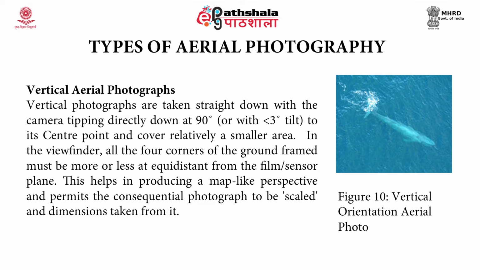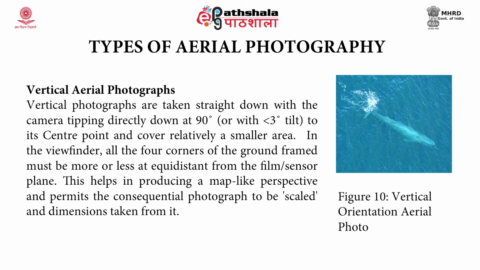The next category is the vertical aerial photograph. Vertical photographs are taken straight down with the camera pointing directly down at 90 degrees, or with less than 3 degrees of tilt to its center point, and cover a relatively smaller area. In the viewfinder, all four corners of the ground framed must be more or less equidistant from the film sensor plane.